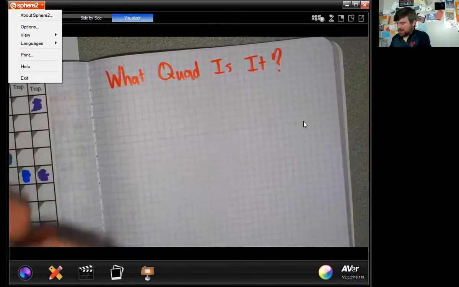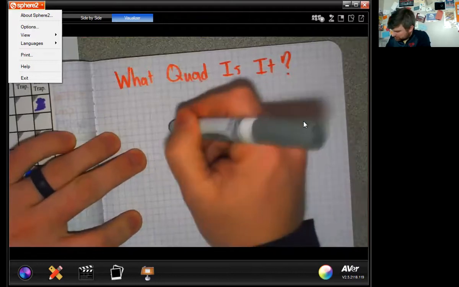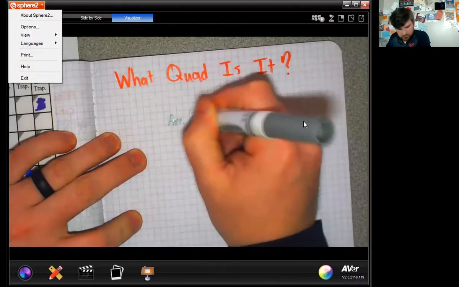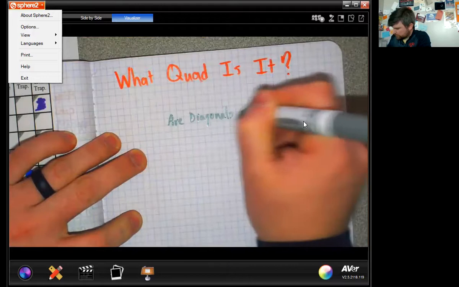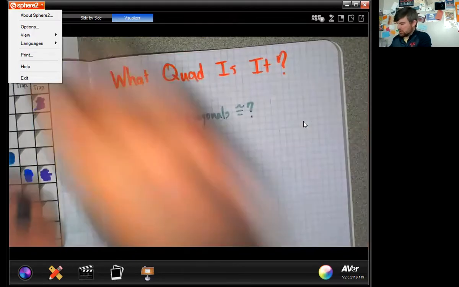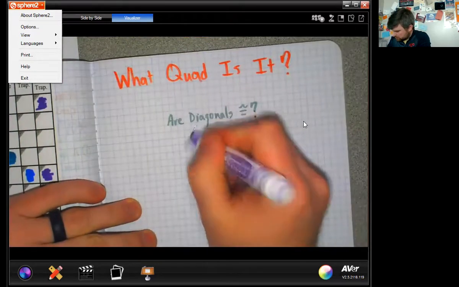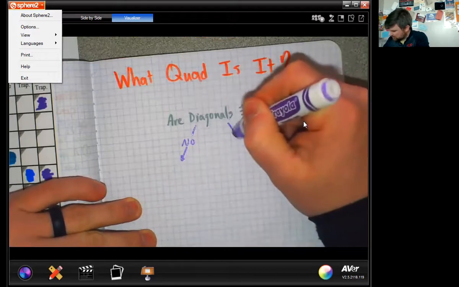The first question I ask is, are the diagonals congruent? Okay, and from that, you can either answer no, or you could answer yes.